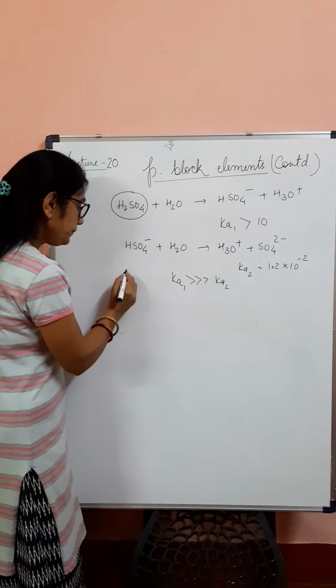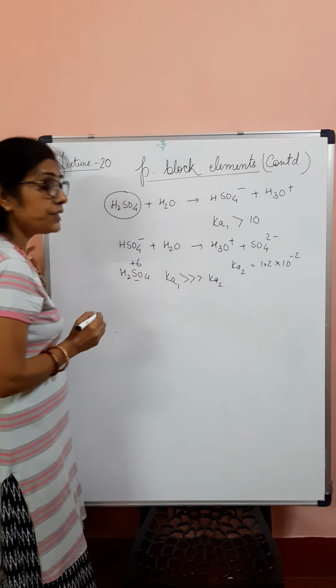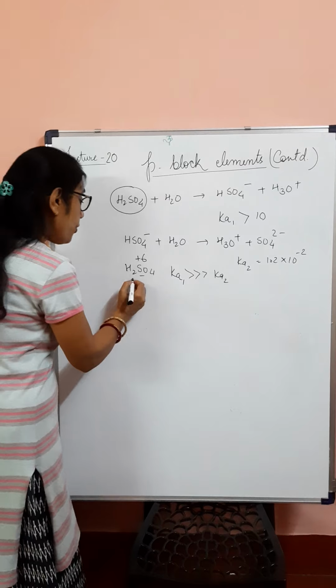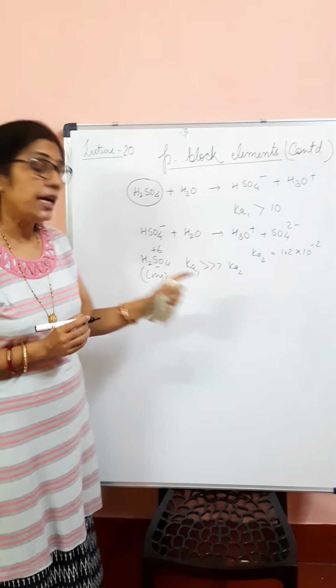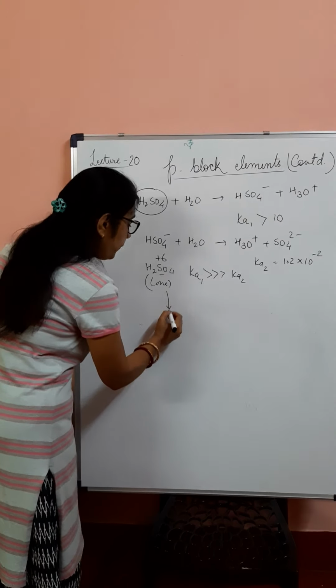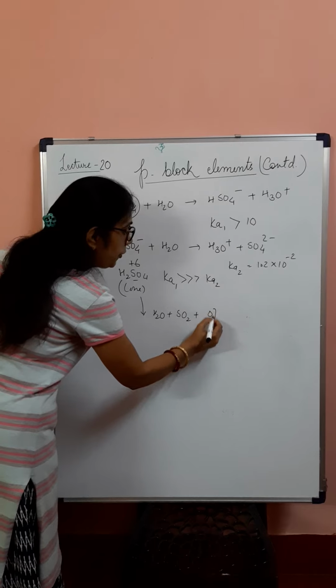Now, so far as sulfuric acid is concerned, the highest oxidation state is +6. So H2SO4 acts as a strong oxidizing agent because it will give nascent oxygen.